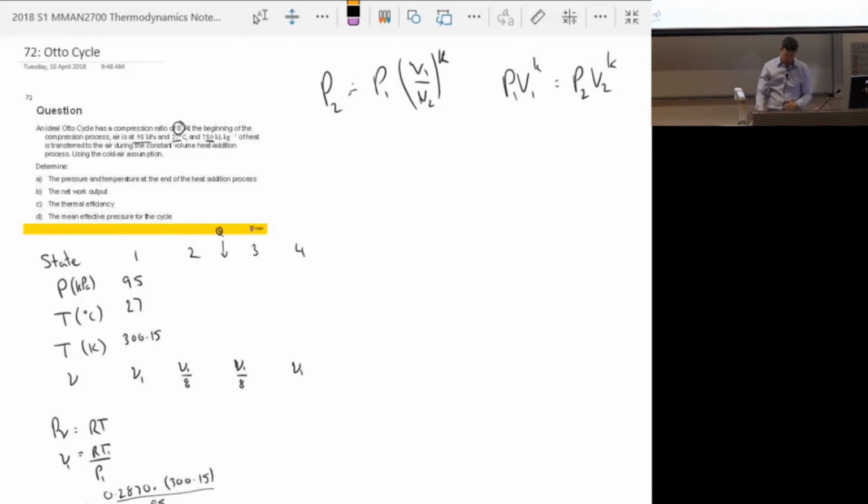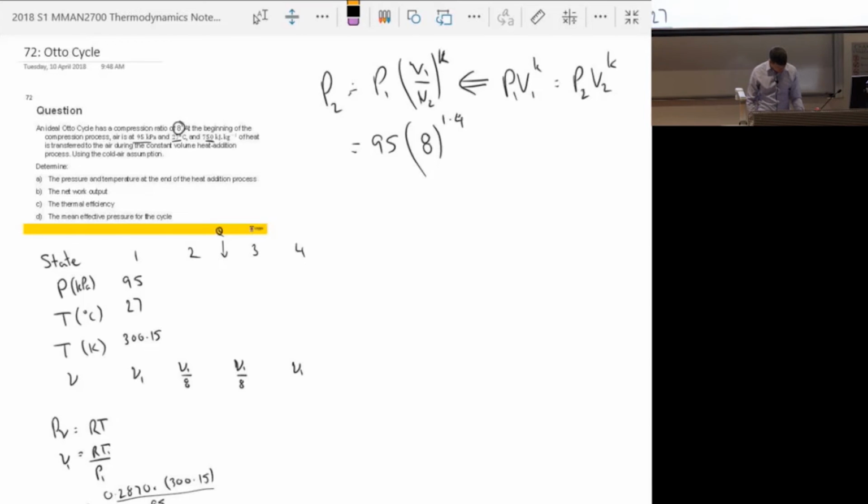If you rearrange that, bring that V2 to the K over to the other side of the equation, you get 95 times V1 on V2, which is 8, irrespective of what V1 is, to the power of K, and K for air is 1.4.